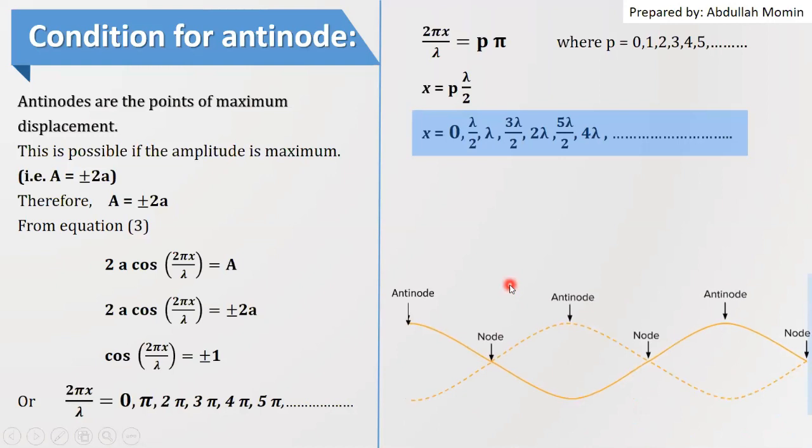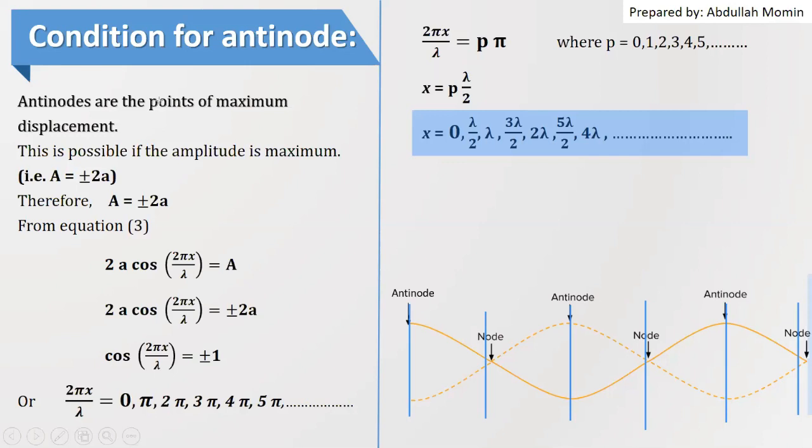In this diagram, in our previous slide, what we have discussed, this distance is 0. This distance is lambda by 4. This is your lambda by 2. This is 3 lambda by 4. This is your lambda. This is your 5 lambda by 4.